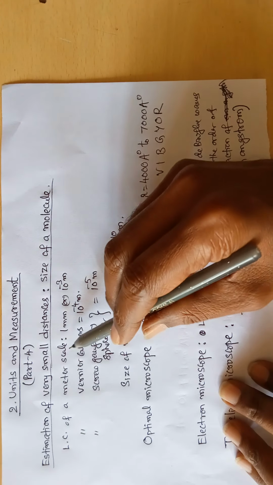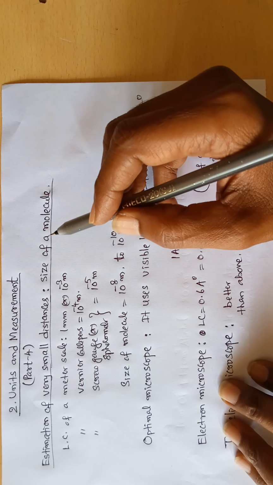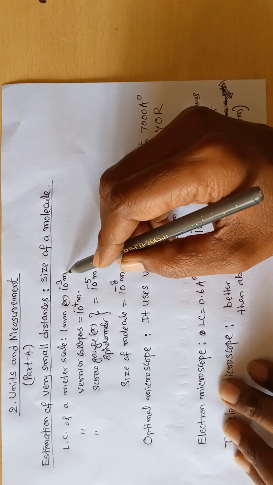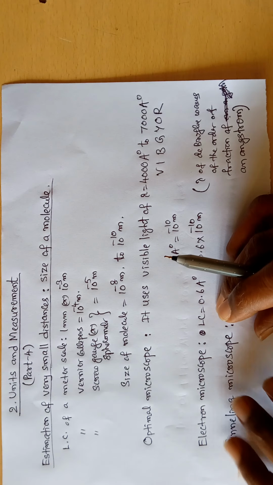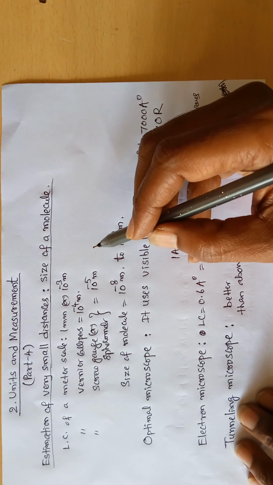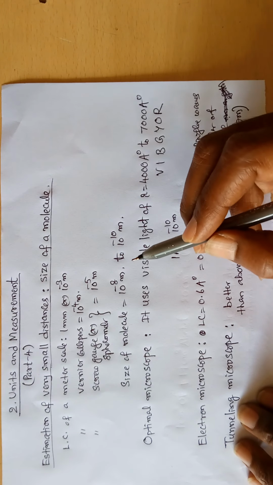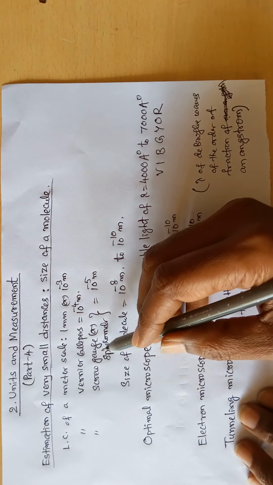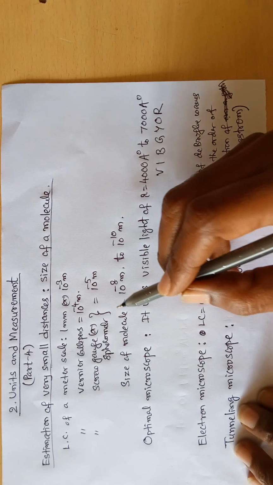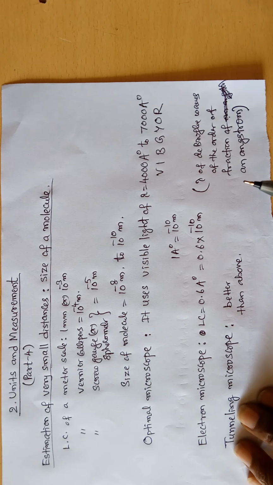It means your meter scale cannot measure length less than this value. Next, vernier calipers. It can measure up to 10 power minus 4 meters only. What about screw gauge or spherometer? It can measure up to 10 power minus 5 meter only.